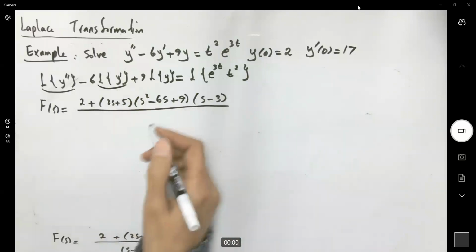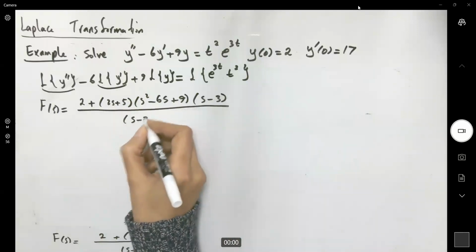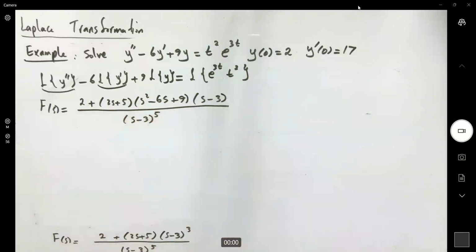Can we factor out anything? We don't have anything to factor out. So we're going to eventually multiply all of these together.